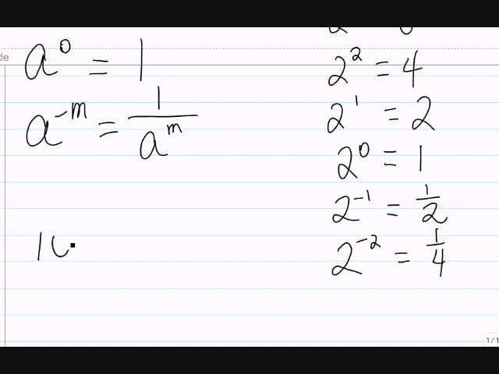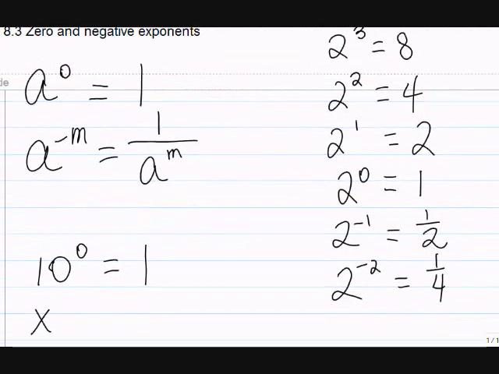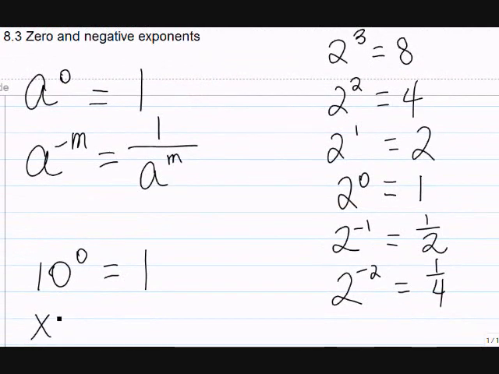So what do you think that 10 to the 0th power is? It's 1. What do you think? What do you think that x times y, all of that in parentheses, to the 0th power would be?